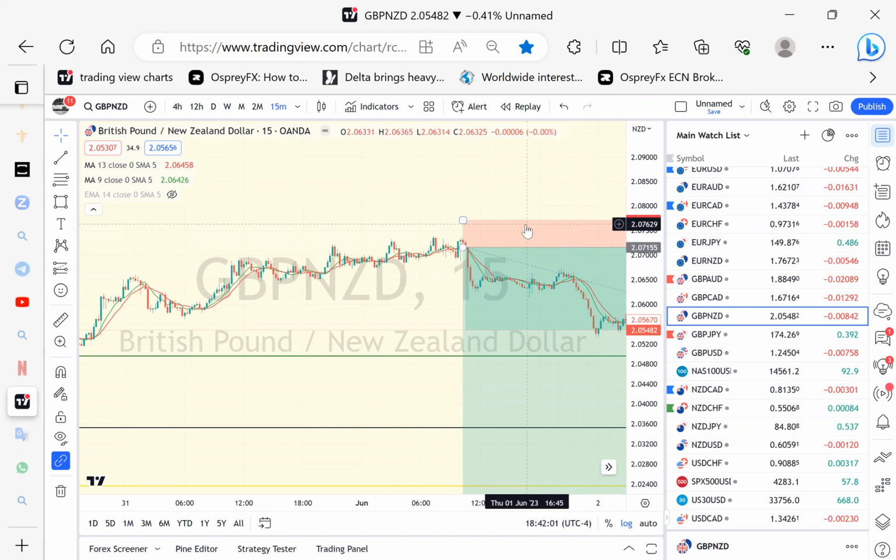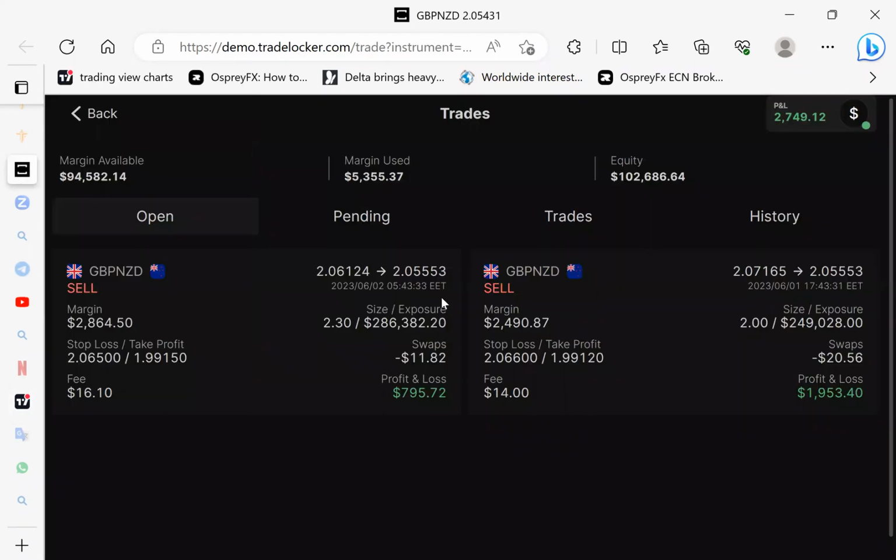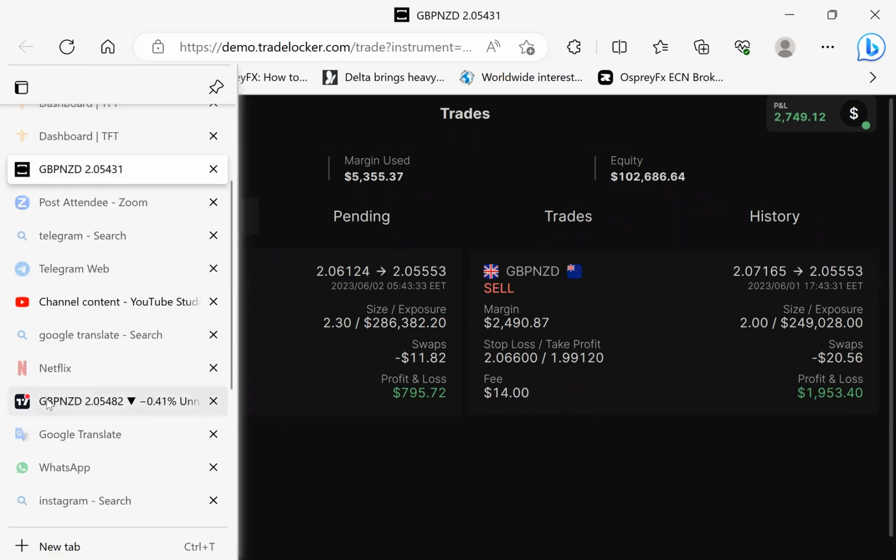So I entered the trade and I let it go. Now we're going to go back to the trade locker. My second entry was 206.12, 206.12.